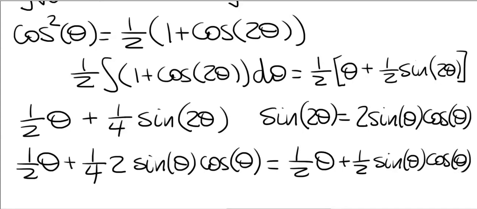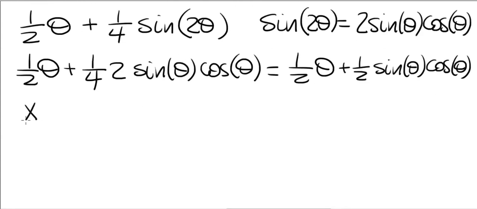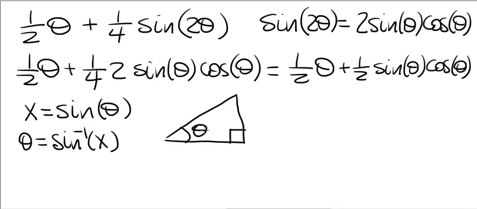We need to go back to variable x. We recall our substitution was x equal to sine of theta, and that means theta is equal to inverse sine of x. We draw a right triangle like this and label this as angle theta. And sine is opposite divided by the hypotenuse, so opposite side will be x.